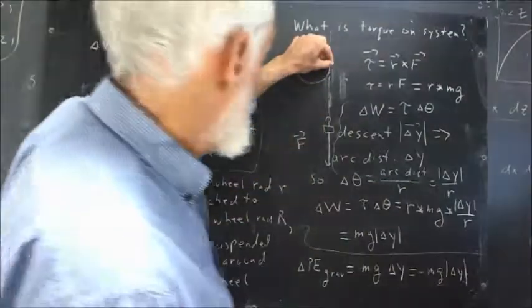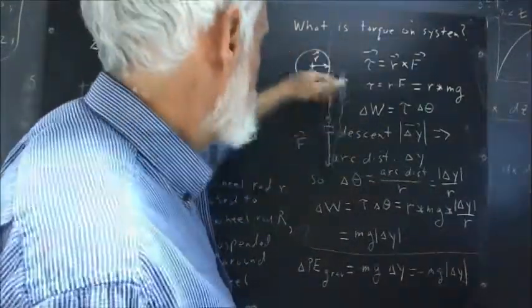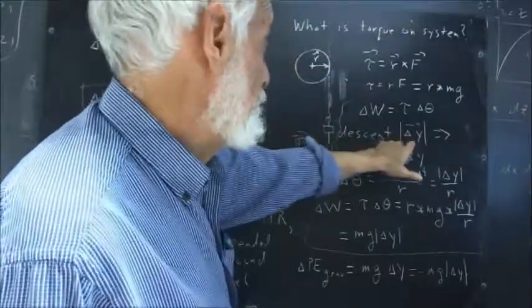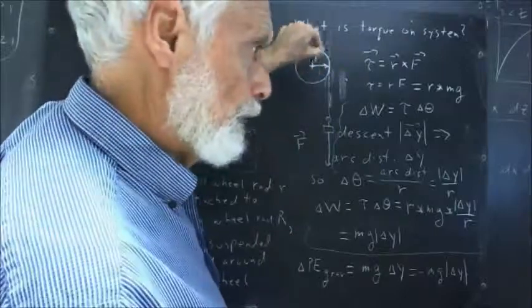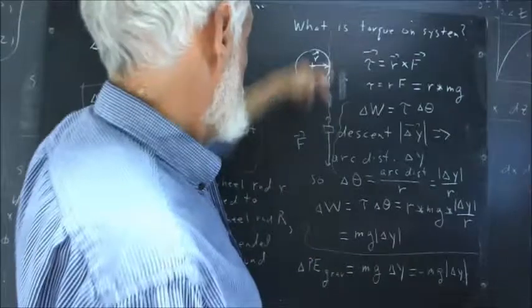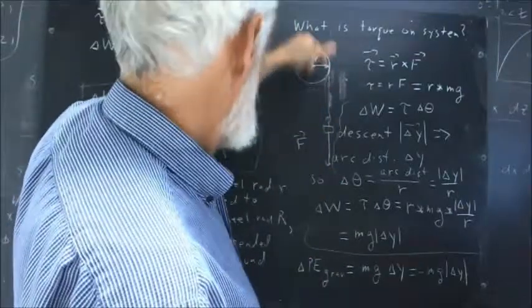If the mass descends through a distance delta y, how much cord has to unwrap from this wheel? Well, that's going to be delta y.